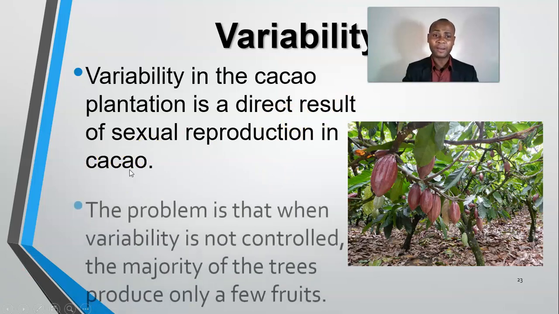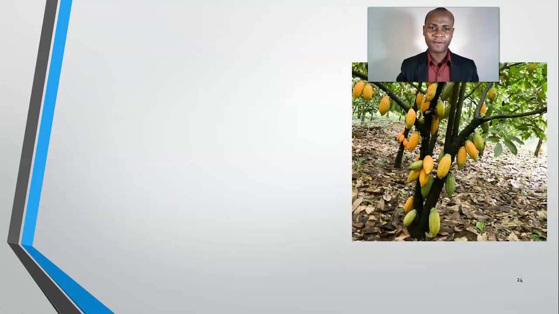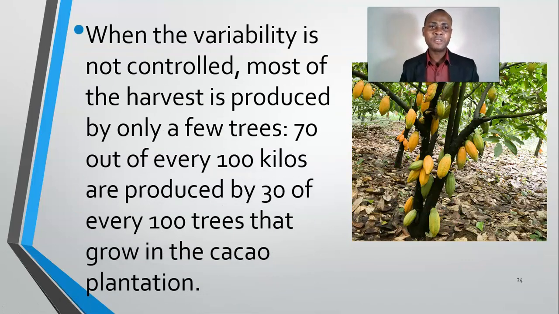When variability is not controlled or reduced, you have little yield on the farm, and most of the harvest is produced by only a few trees.